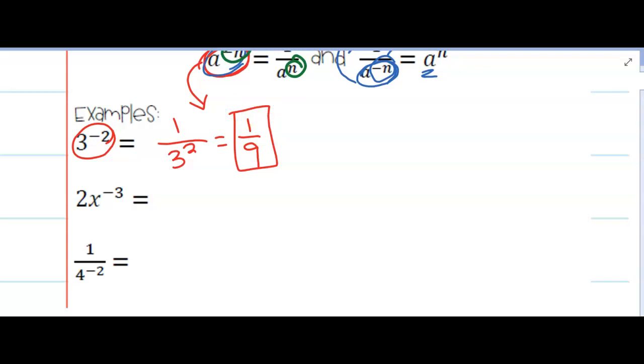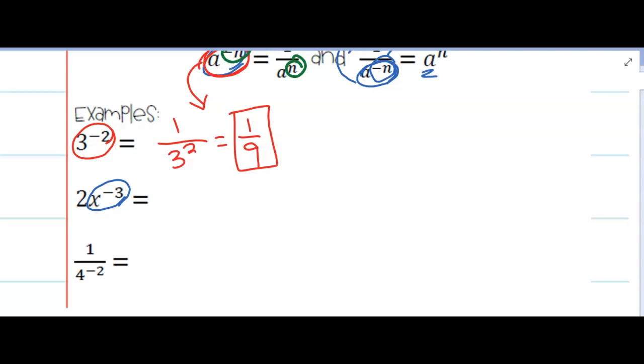Now, here's where these get tricky: you have to be really careful about knowing what the exponent is being applied to. The exponent is only being applied to the base that's right underneath it, unless there's parentheses. So when you have 2x to the negative third, this negative third is only applying to the x.